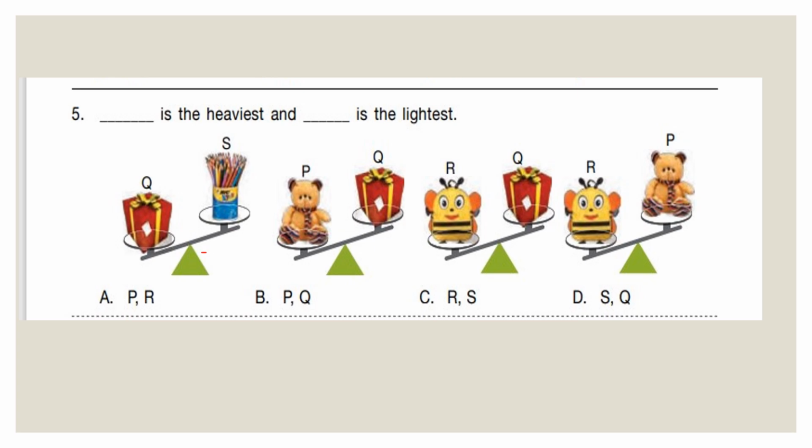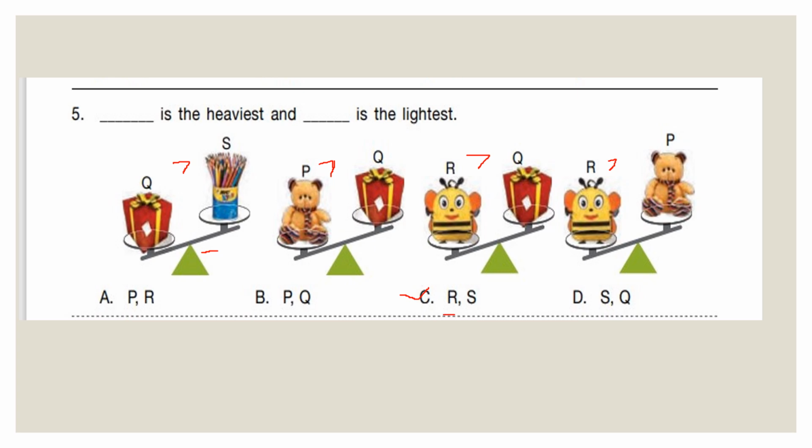In the first figure, Q is heavier than S. And in the second figure, P is heavier than Q. That means P is heavier than Q and S. In the third figure, R is heavier than Q, and in the fifth figure, R is heavier than P. That means R is heavier than P, Q and S. That means R is the heaviest. So our answer is option C, because here first is R.